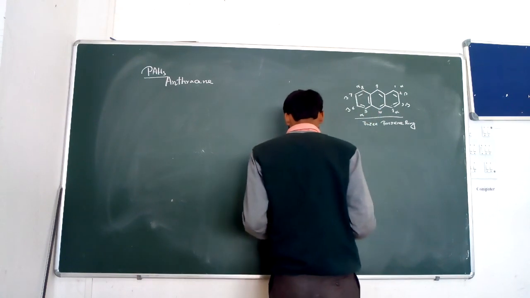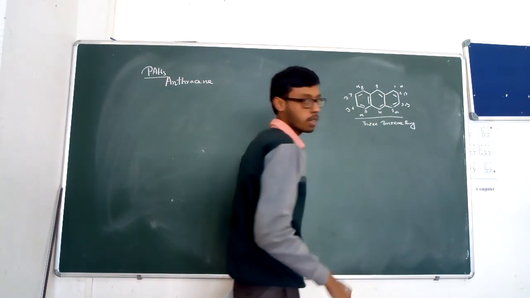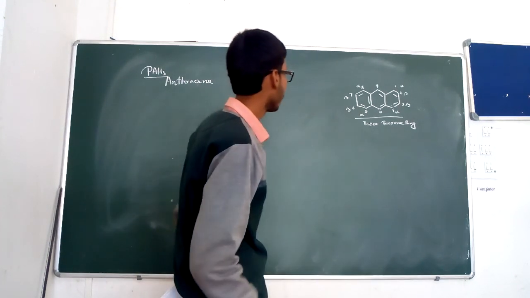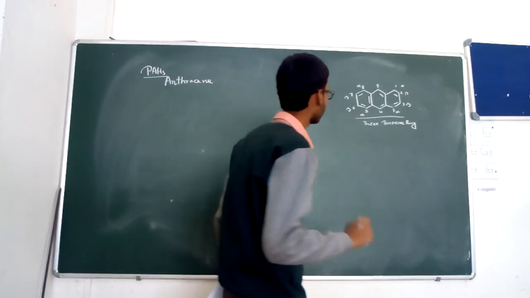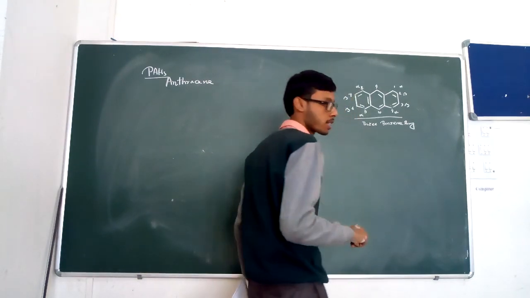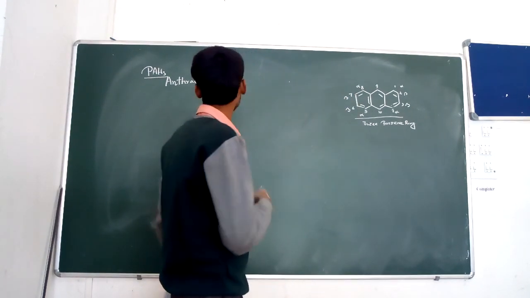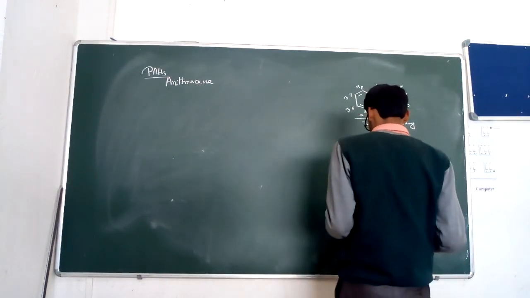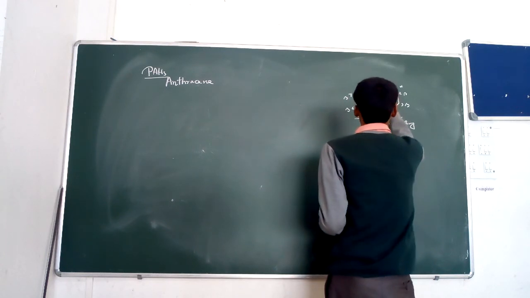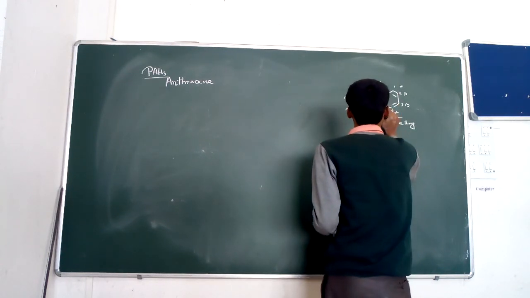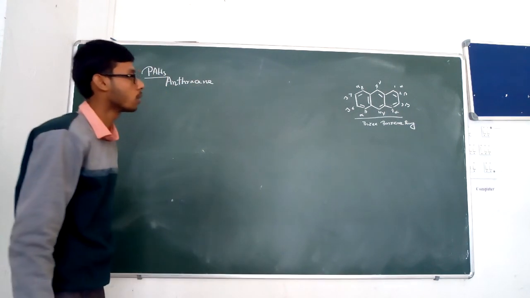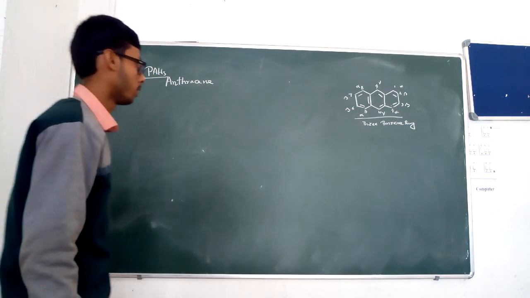And alpha beta is the only nomenclature applied for monosubstituted polynuclear aromatic hydrocarbon compounds. We already discussed that in the nomenclature of polynuclear aromatic hydrocarbons in the introduction part. And the other two, C9 and C10, are denoted as gamma.